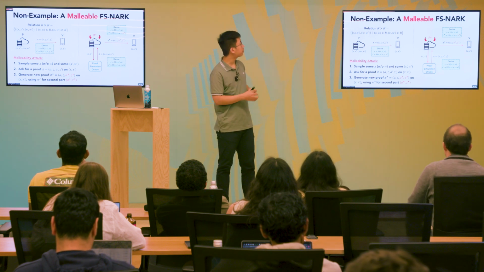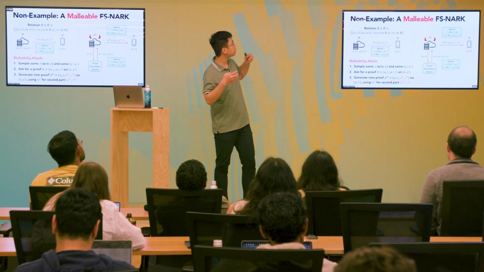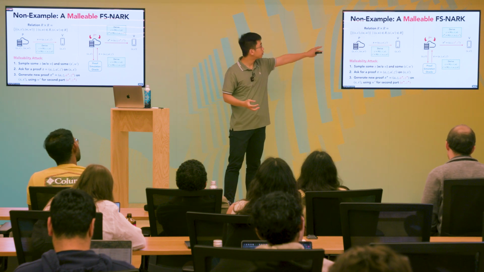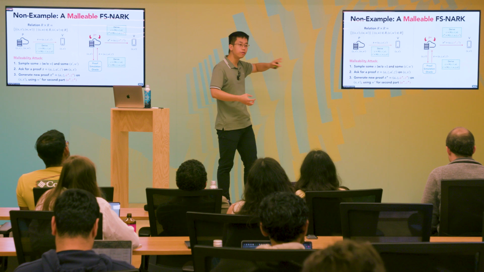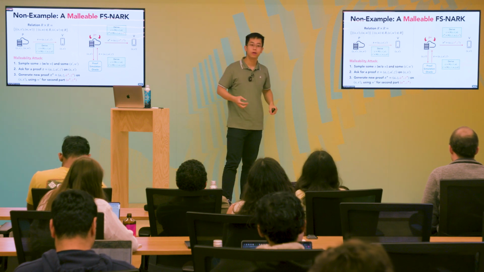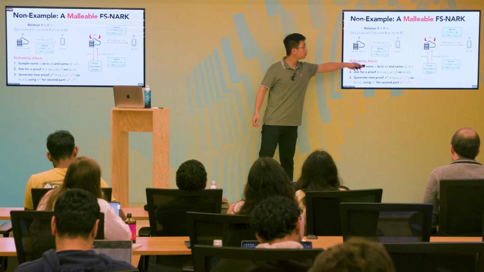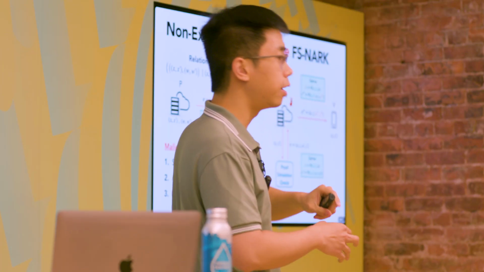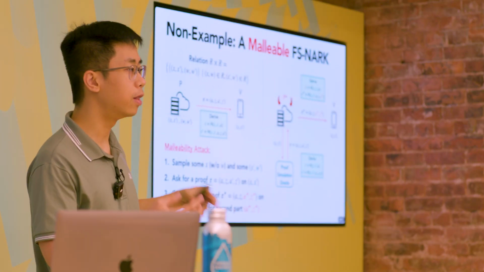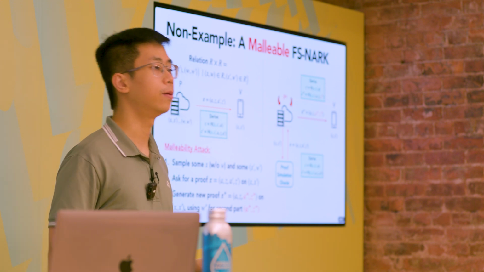So because of this mix and match attack, you basically have a new proof, A, Z star, where this A is part of a prior simulated proof. So if the statement X here is somehow a false statement, then the adversary has won this malleability game, right?